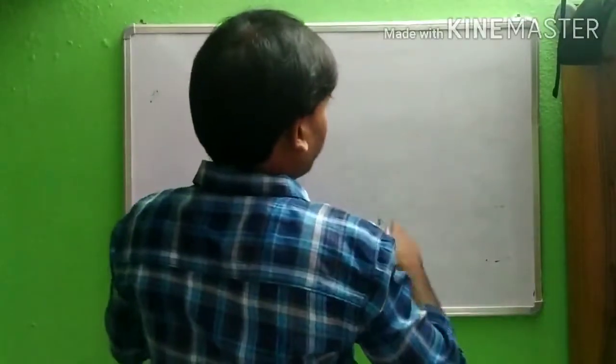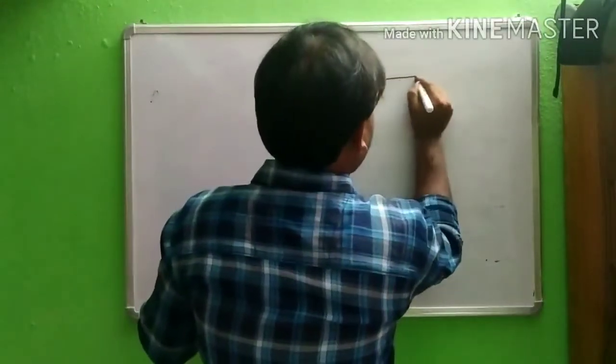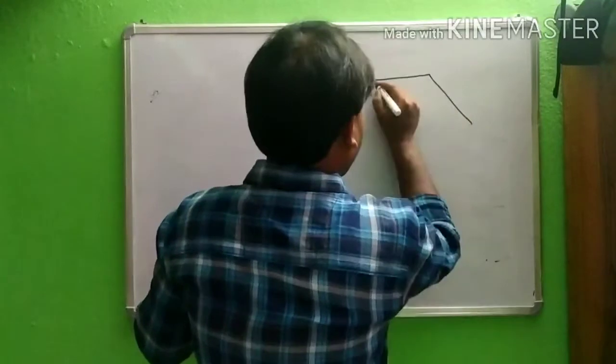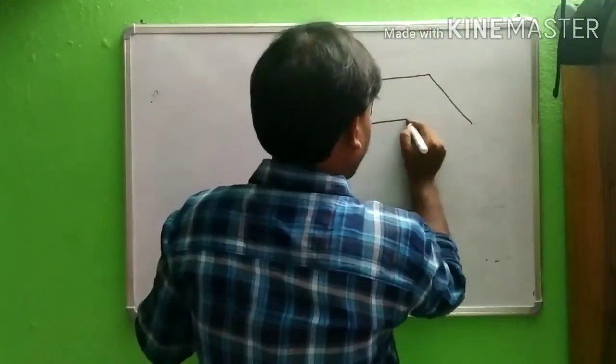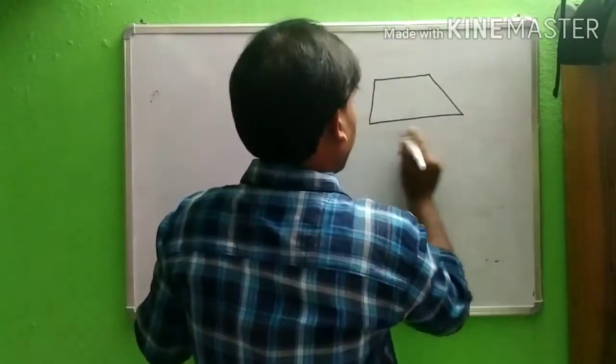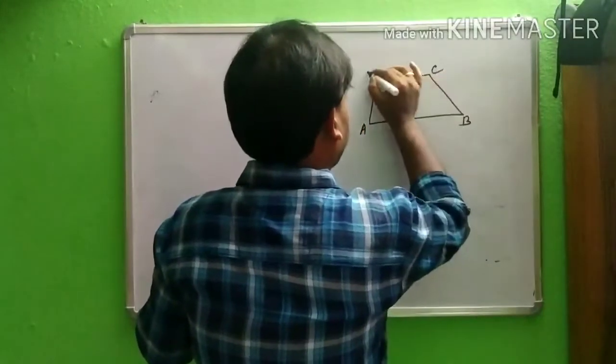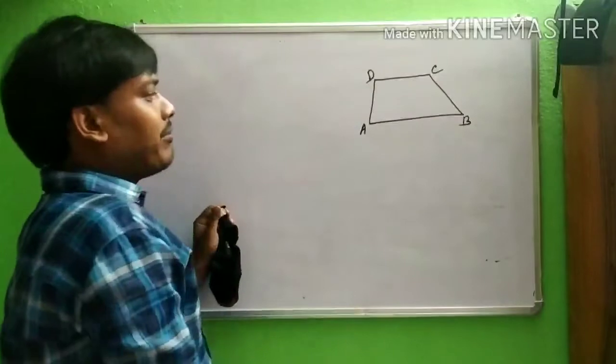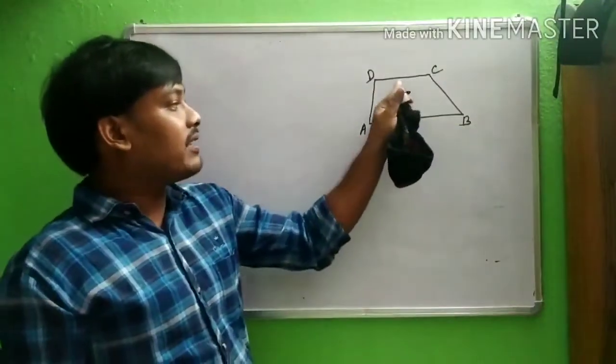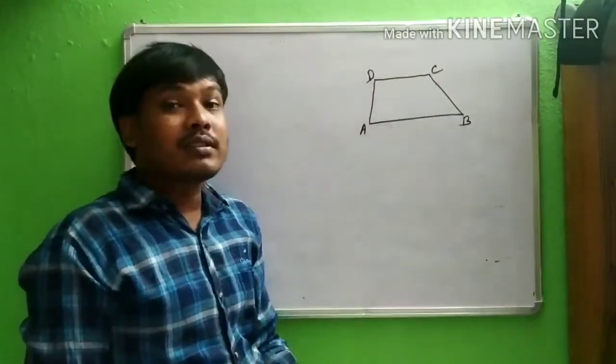So area of any trapezium. A, B, C, D. ABCD is a trapezium where AB is parallel to CD.